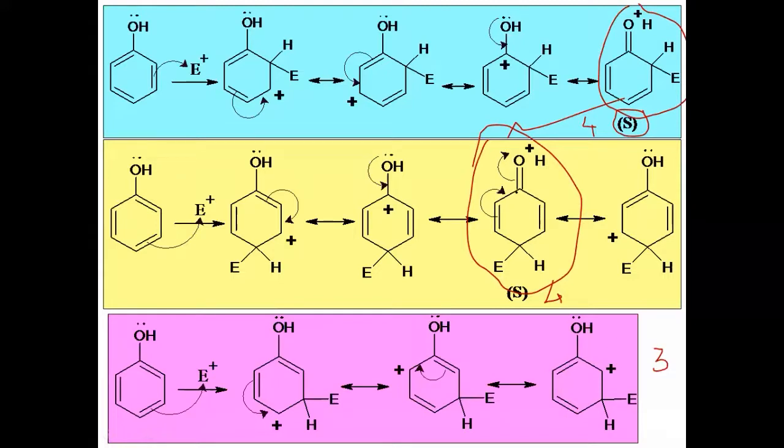But such an especially stable structure is not possible in the case of meta attack. Therefore, we can conclude that the Arenium ion formed after ortho and para attack is more stable than after meta attack.